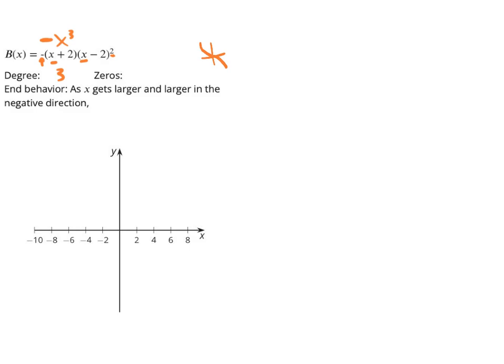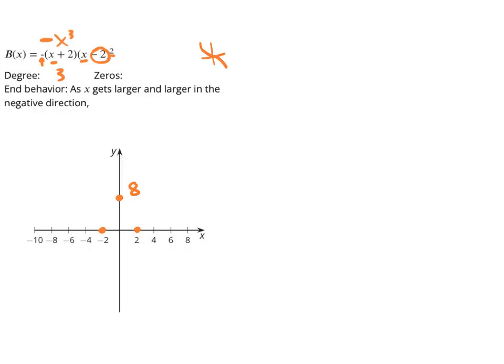Now, this 2 squared means negative 2 is squared. Negative 2 times negative 2 is positive 4 times positive 2 is positive 8. So put your factors in. X plus 2 is at negative 2. X minus 2 is at positive 2.